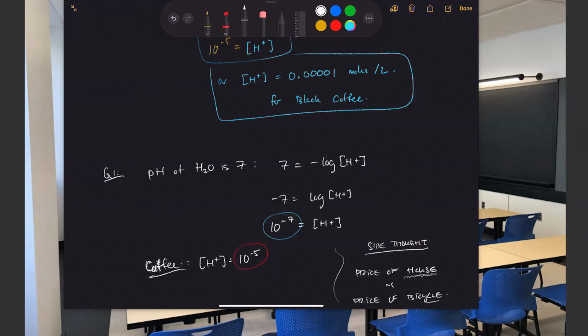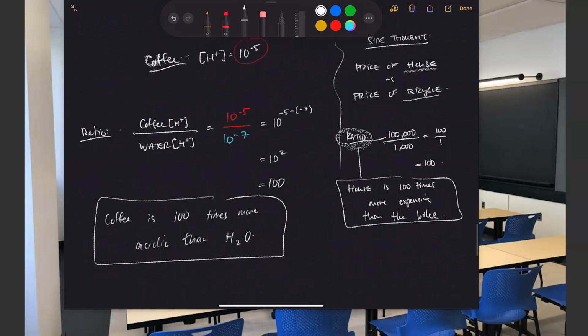The same process will hold up, and you can still talk about how many more times something is acidic than another, the same way as how many more times something is more expensive than the other. It's an awkward sentence, but I think you know what I'm talking about. So that's all I'll say for chemical acidity. Again, remember you can go both ways on this equal sign to talk about concentration of ions in the solution as well as the pH index.